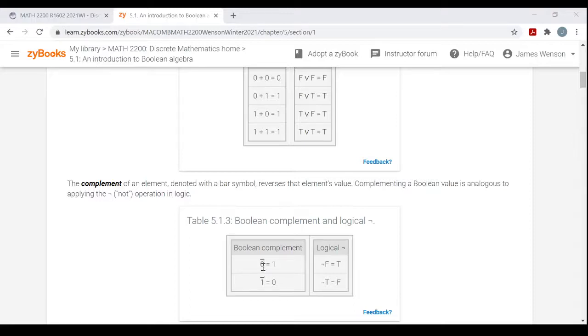So you see 0 with a bar over it here, 1 with a bar over it. It's just like the not operation, the negation in logic. So not false is true, not true is false, right? So the complement of 0 is 1, the complement of 1 is 0. Very, very simple.